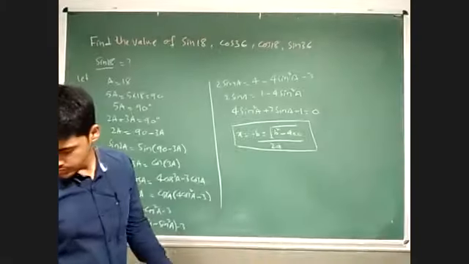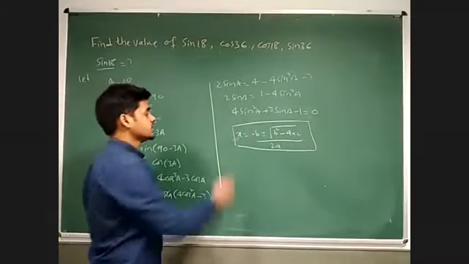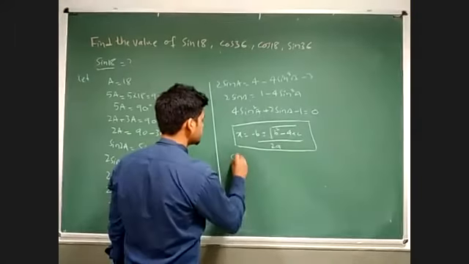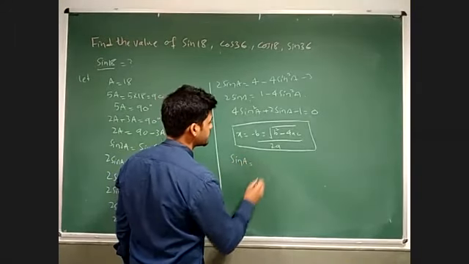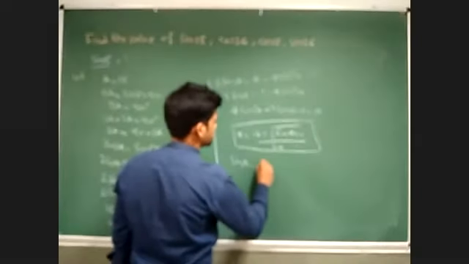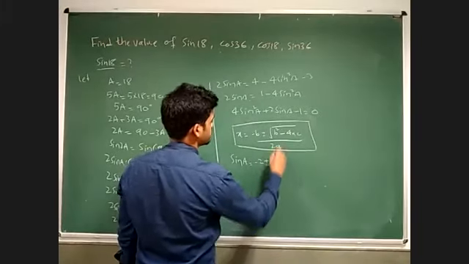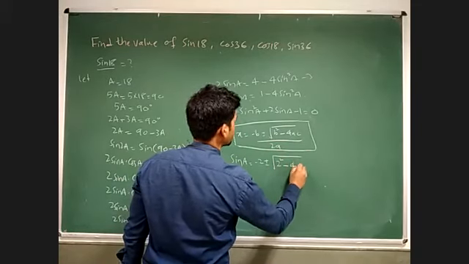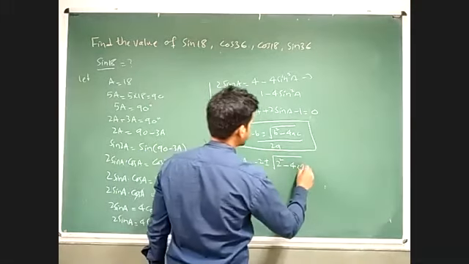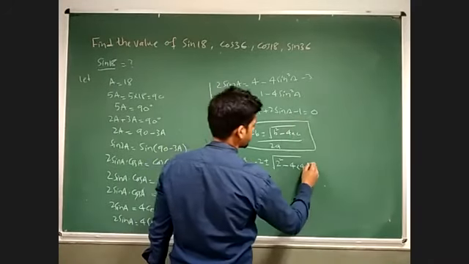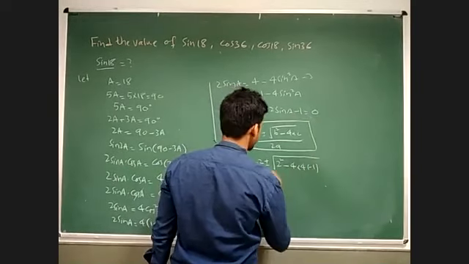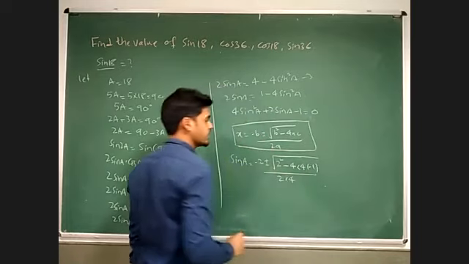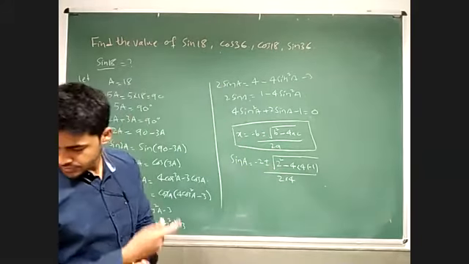Here this x is nothing but sin A. So sin A is equal to minus 2 plus or minus under root of 2 square minus 4 times 4 times minus 1, by 2 times 4. Just simplify them.